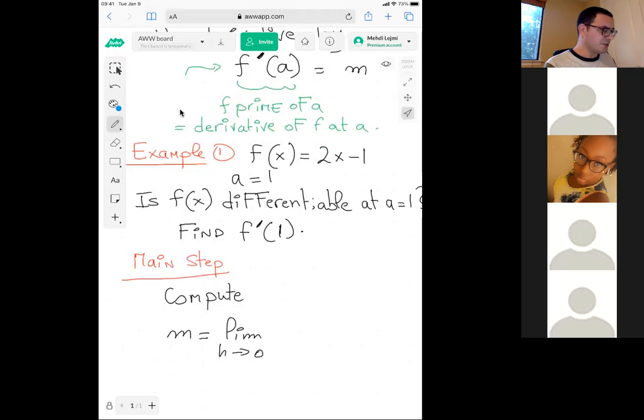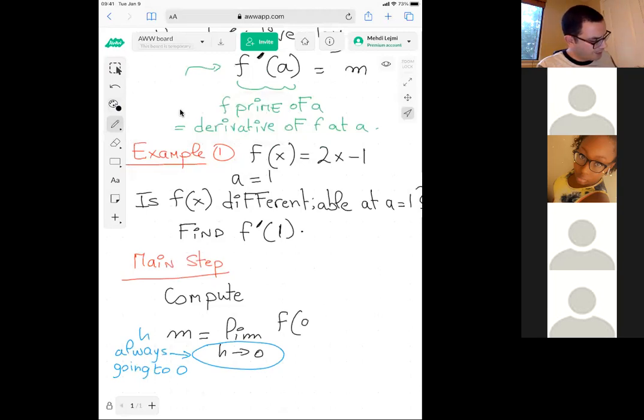So we are really interested in a small neighborhood of a. We don't really care about what happens far away from a. So h is always going to 0. Then, in the definition, we have f of a plus h minus f of a, over h.